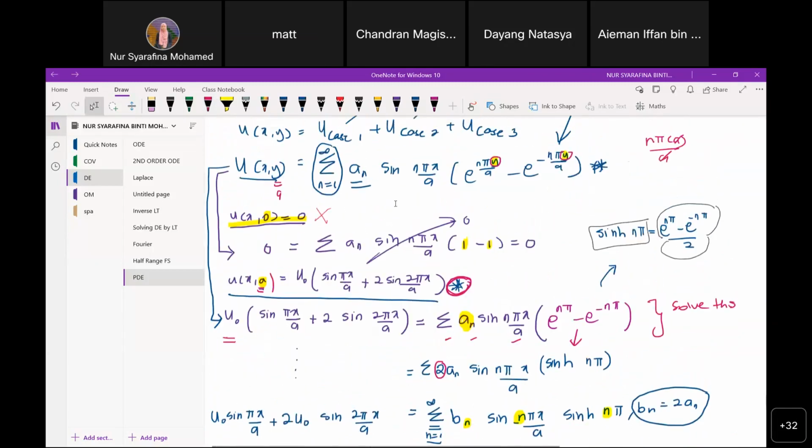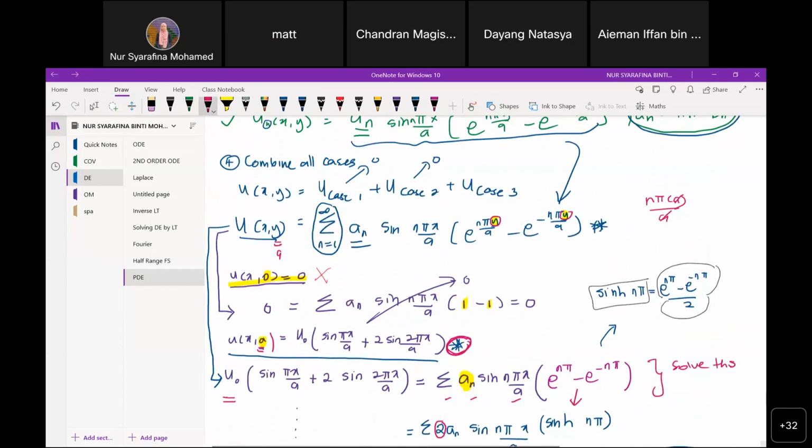So let's say we check 2a_n sine n pi x over a times sine, which is exponent n pi minus exponent minus n pi over 2. Now, if we eliminate these 2s, we have our original expression again. So if you want to substitute this exponent n pi minus exponent minus n pi with sine, you just put 2 here, because we don't want to change the expression.